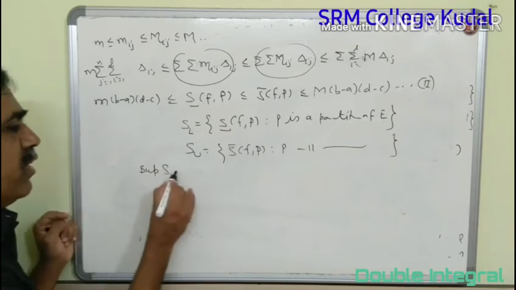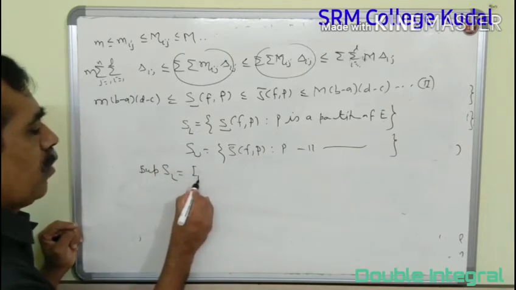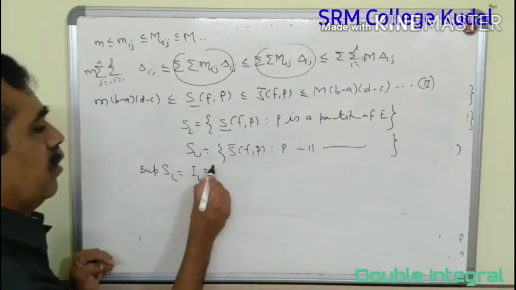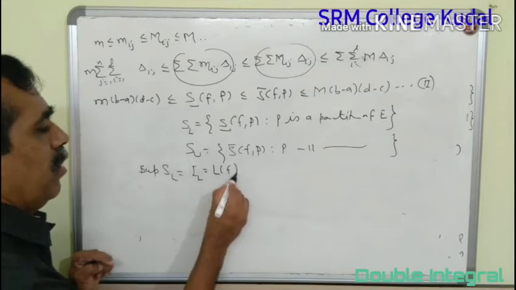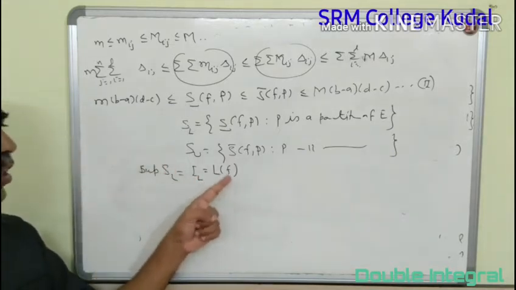I call it the largest lower sum, say IL, of f with respect to an arbitrary partition.